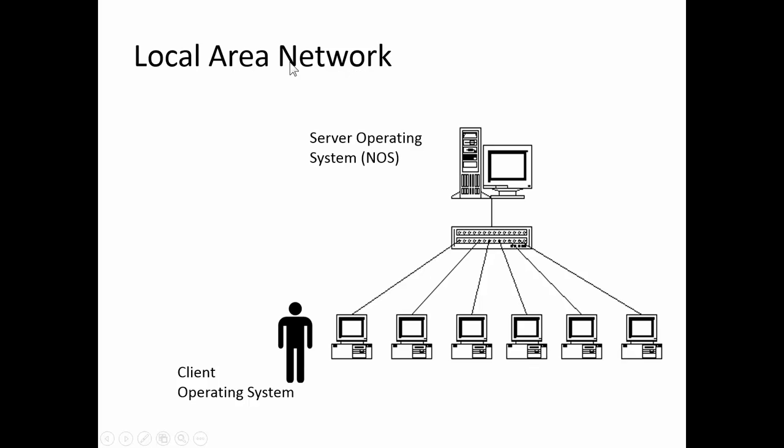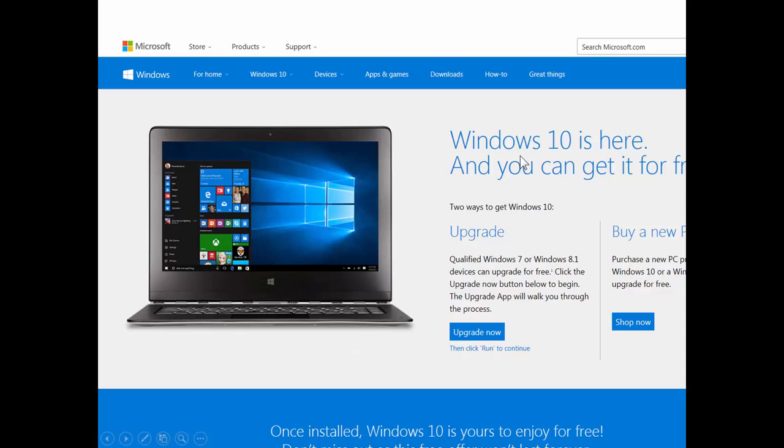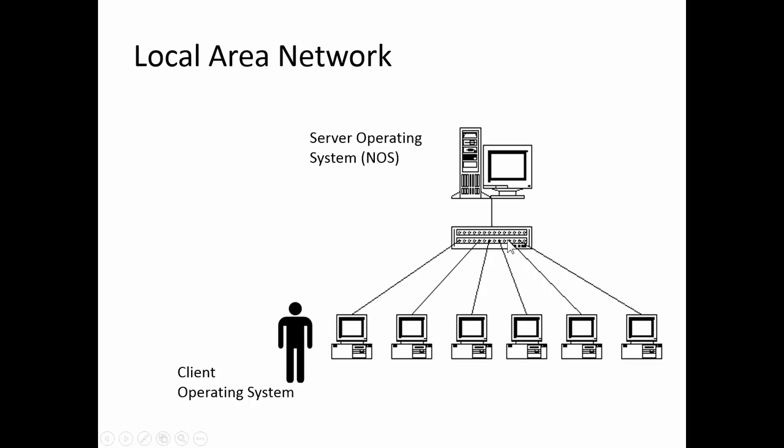A local area network has clients and servers, and the software that controls the user's workstation is called the client operating system. An example would be Windows 7, Windows 8, or Windows 10. The file server has an operating system as well, called a server operating system, or a NOS, a network operating system.